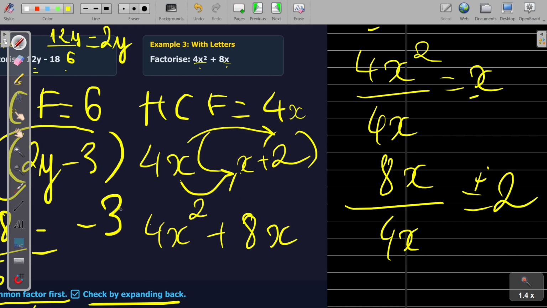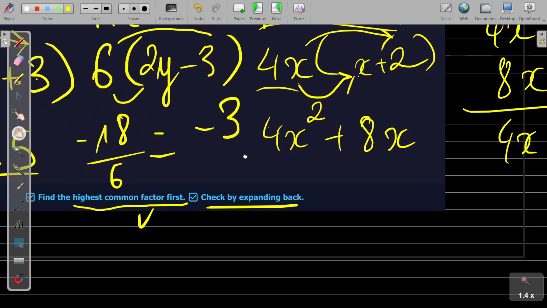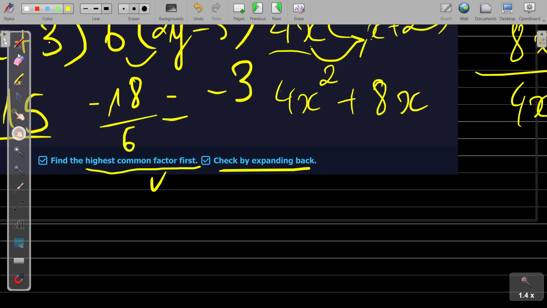So we do 2 steps: finding the HCF, finding the numbers that are inside the brackets, and then checking by expanding them back. So always find this HCF, and never hand in a test without spending 10 or 15 seconds to check by expanding it back. It saves points, and it's not really that hard to do.